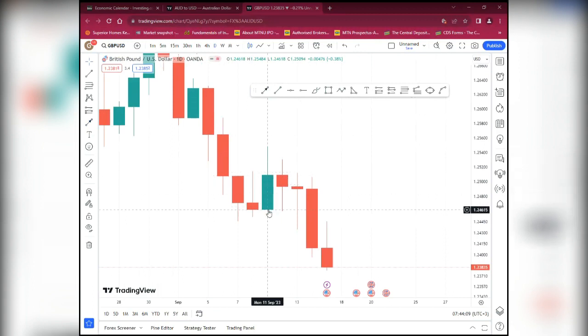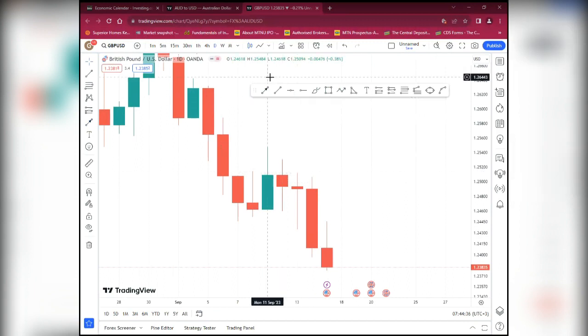The opening prices were also the lowest prices that were experienced on that day, because we don't have a wick down here, but we have a high at 1.25484, and then the closing prices right here at 1.25094. If I jump into my Tuesday, you guys can see my Tuesday.